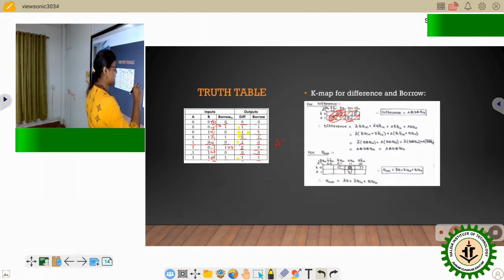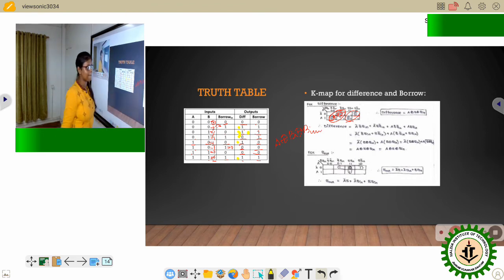Now in the case of borrow, the ones will be in the 1st place, next in the 2nd place, next in the 3rd place, and next in the 7th place. Now we can unite these ones in groups.